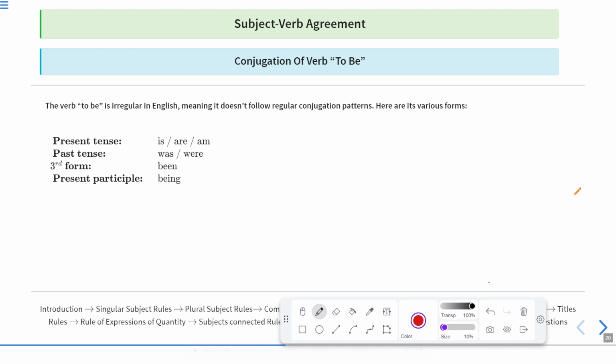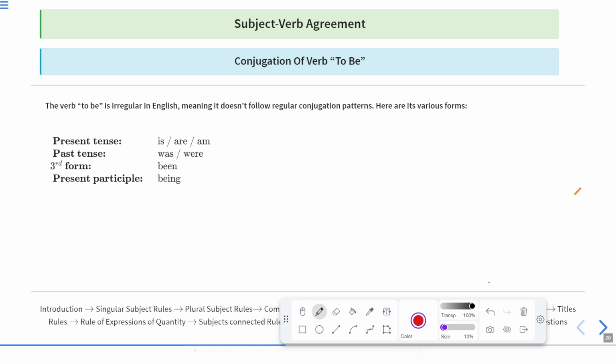I hope all these rules are covered, and you may have an idea about all of them now. Now you can easily use these rules in your sentences, and the verb that you use after these subjects will agree with the subject.